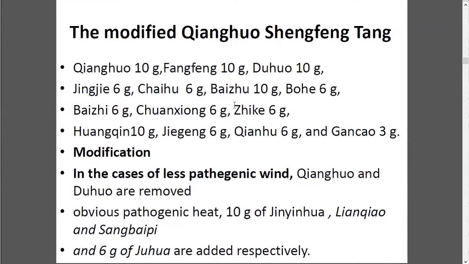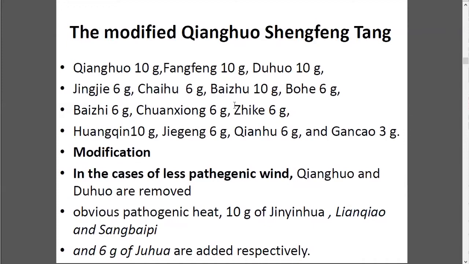So basically, this pattern is the wind heat pattern. We need some herbs to disperse wind and clear heat, which is basically in this formula.